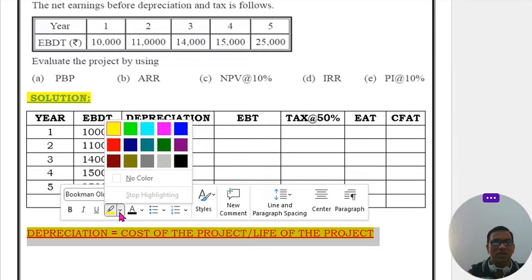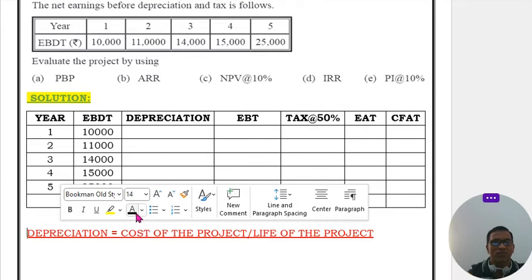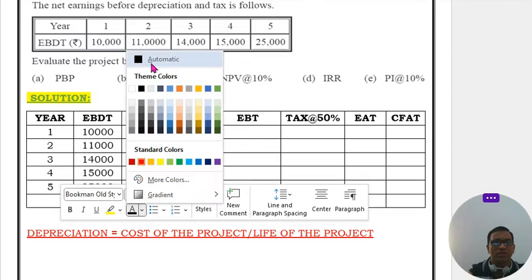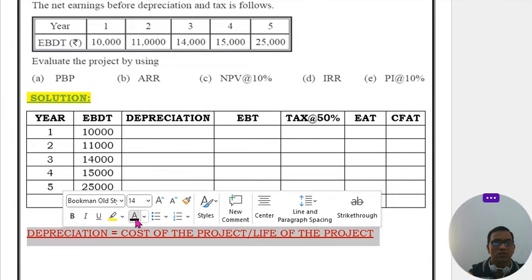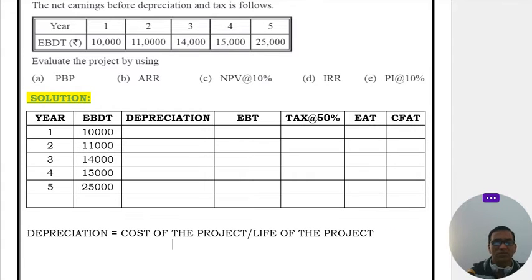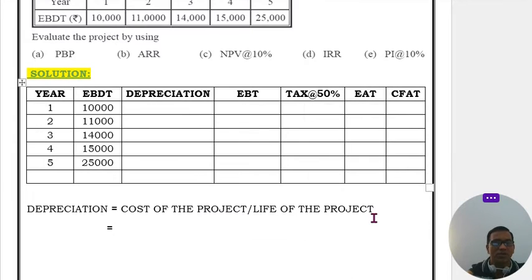So the cost of the project is 50,000 divided by life of the project, 5.